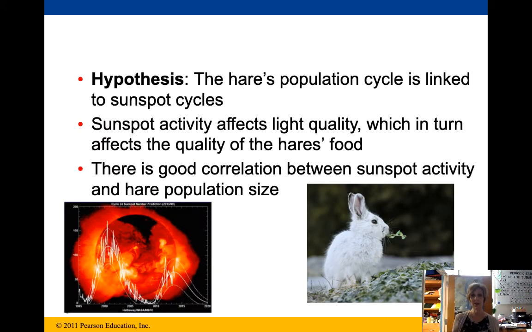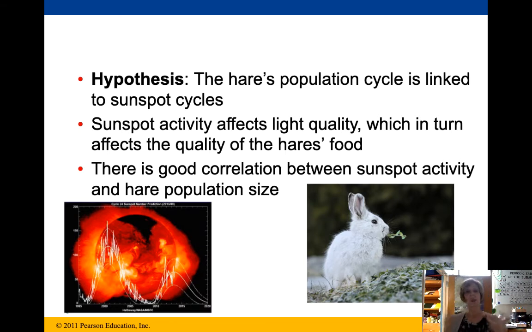Another hypothesis was that the hare population cycle is linked to sunspot cycles. Sunspots are periodic cycles in the sun's light intensity. Well, if you have more sunlight intensity, that's going to affect photosynthesis, right? Because that's more energy coming from the sun.